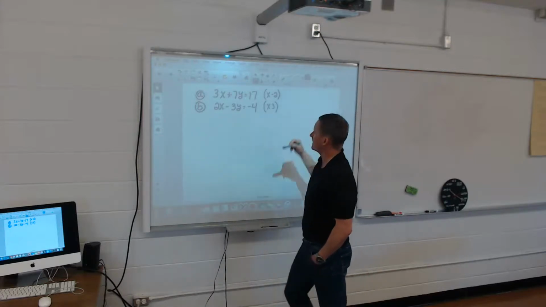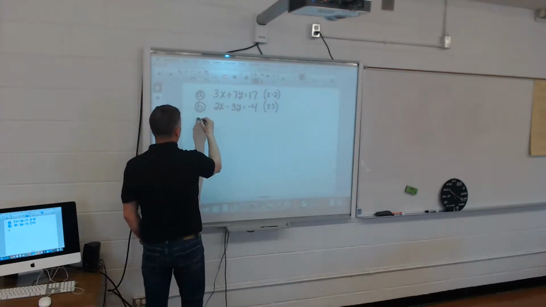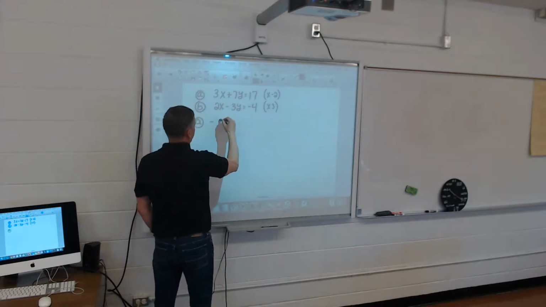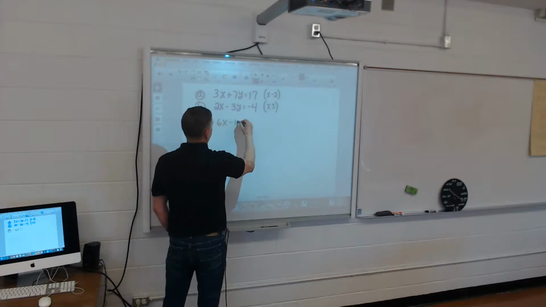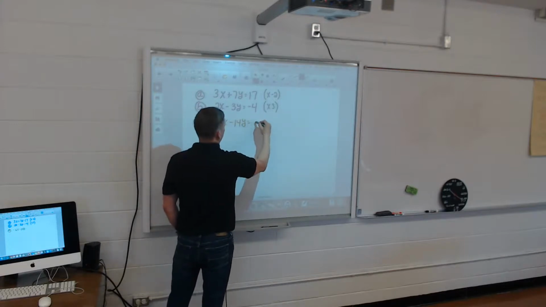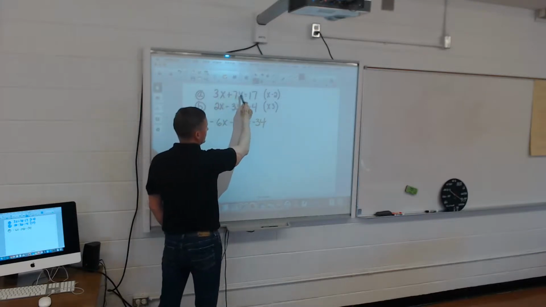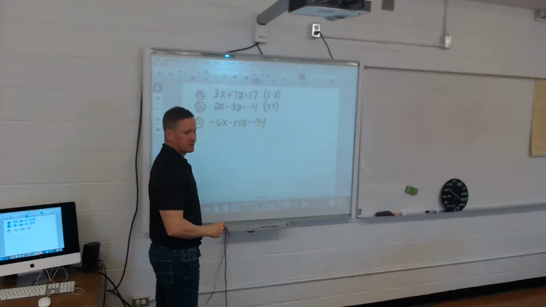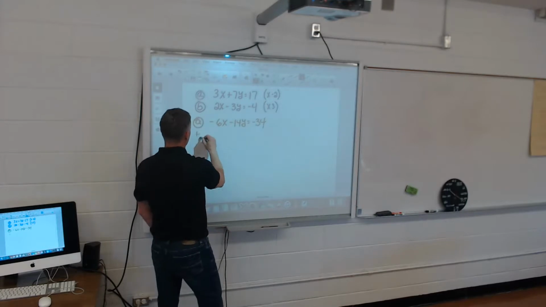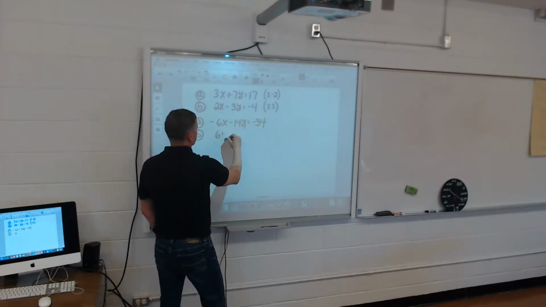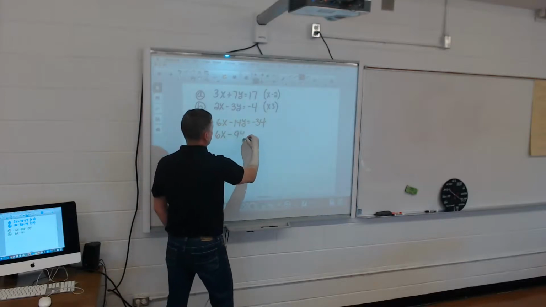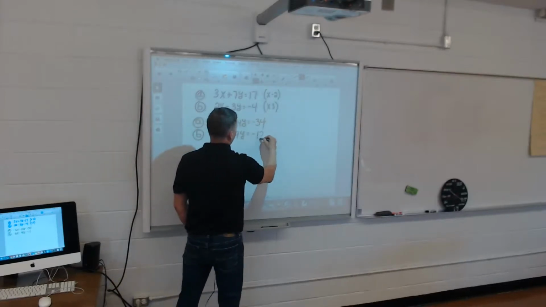So I rewrite it now. A: minus 6x minus 14y equals minus 34. Times by -2, times by -2, times by -2. B, times everything by 3. 6x minus 9y equals -12.